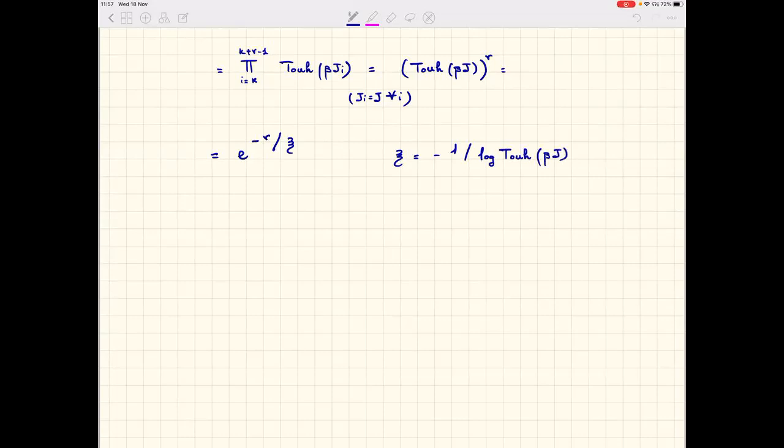When the temperature is finite, tangent hyperbolic is a number between 0 and 1. The log of that number is going to be negative, and therefore the correlation length is going to be positive. So there is nothing wrong about that.